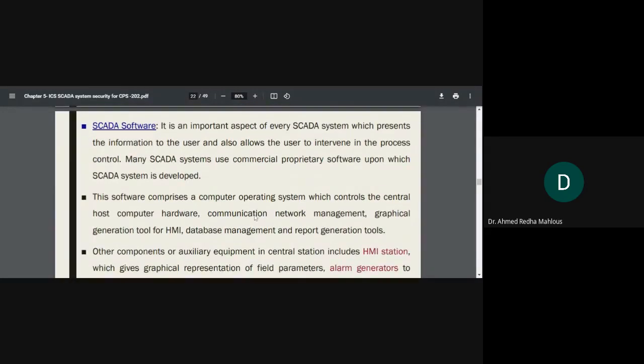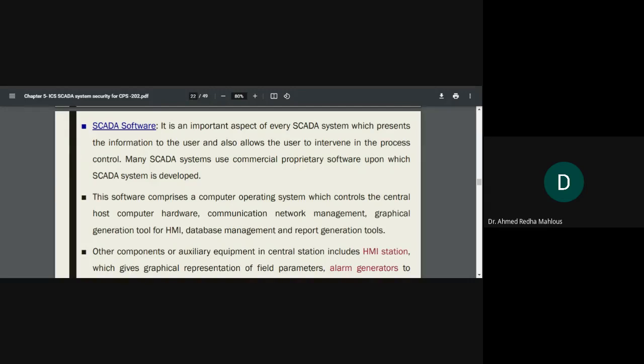Another component that can be found in the architecture of ICS SCADA is the software, and this is a very important component in the architecture of ICS SCADA, because without the software you cannot do anything. So here you do have software running all those in the SCADA system, where we said you do have dedicated computers.